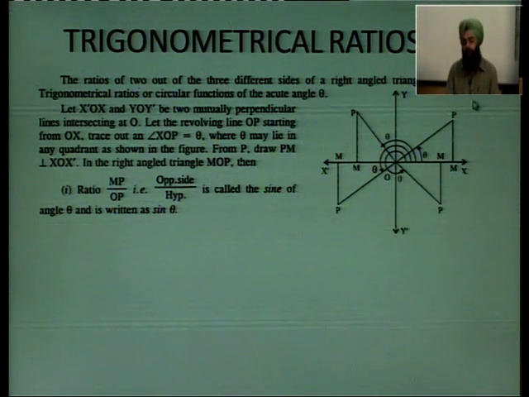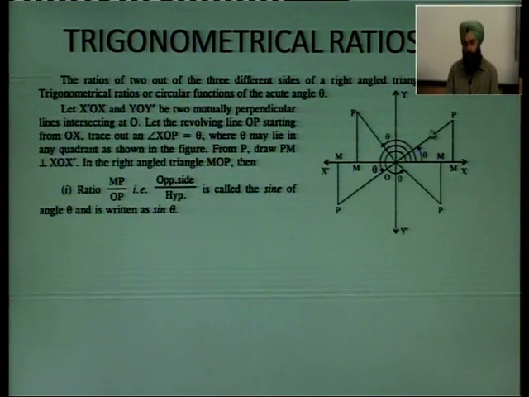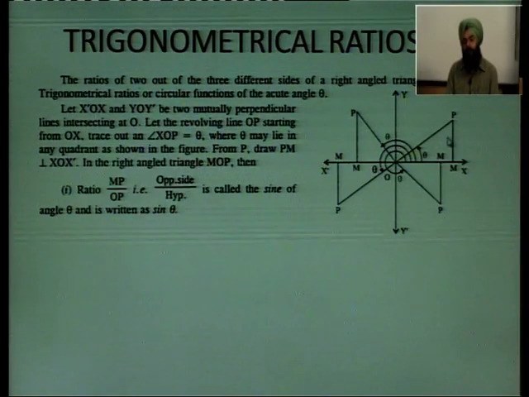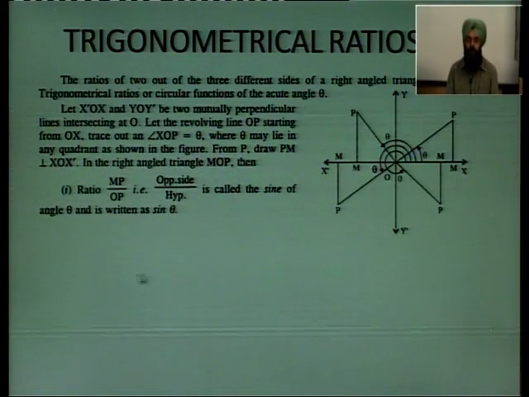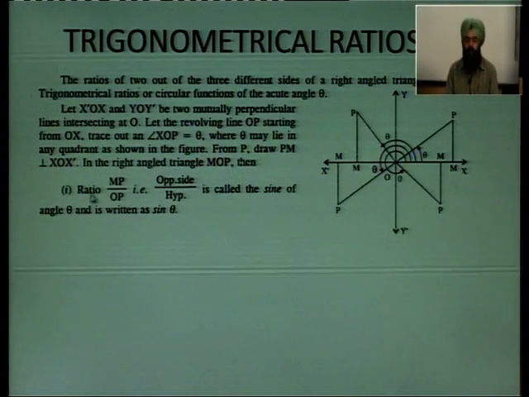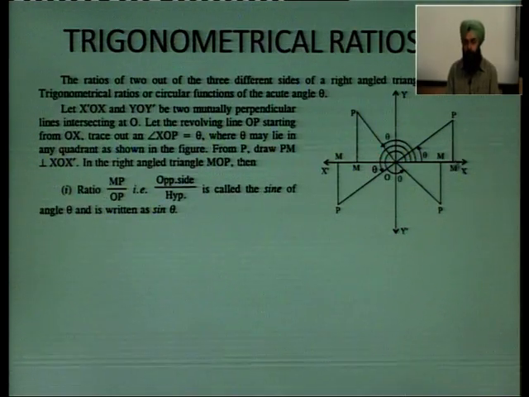The 3 sides are say OP, OM and MP. So, trigonometric ratios depend basically on 2 out of these 3 sides of a triangle. Firstly we can take the ratio MP by OP, that is, MP is the opposite side and OP is the hypotenuse.